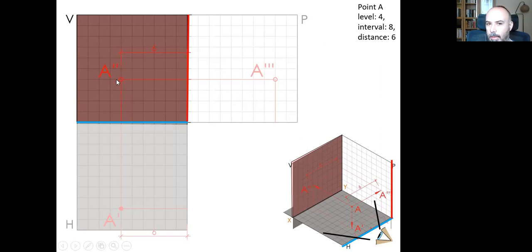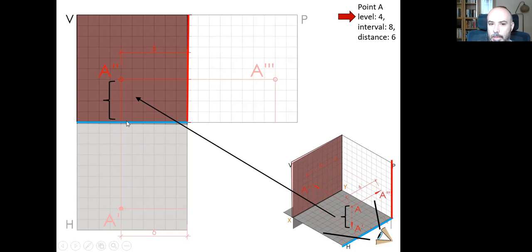In order to locate the exact position, I need another length. And it is this level here. And I know that it is 4 squares. I need to carry this length up here, because I know that the perpendicular distance between the actual point A and horizontal projection plane is equal to the perpendicular length between A double prime and this line here.